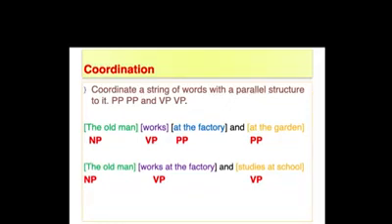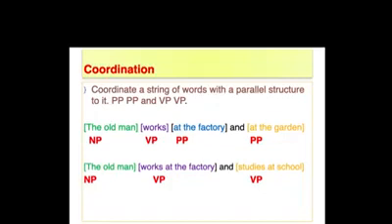If you have a VP, you use coordination, and then you use the same structure. Like the example we have there, the old man works at the factory. Now, if we add and, we said at the factory, I need a similar parallel structure, and at the garden. Which means that we can repeat that over and over again, and we are going to see it later as another property of syntax, which allows us to repeat, what we call recursion.